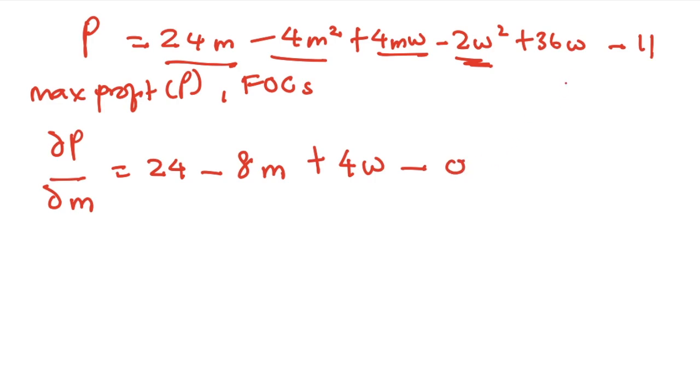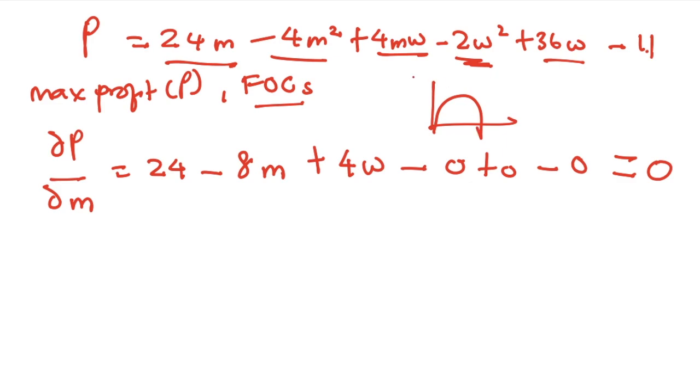This one, do you see any m? No, so it becomes 0. Also 0 here. And then because it is FOC, equate it to 0. Otherwise, it's not called FOC. We are not maximizing profit. If we plot profit, the maximum is here, and at the maximum you see the flat line, which shows that the slope is equal to 0.